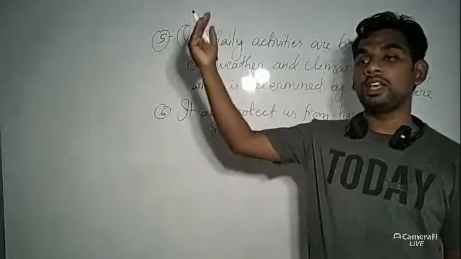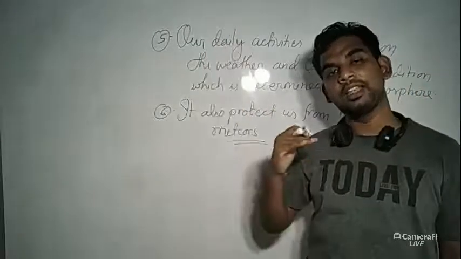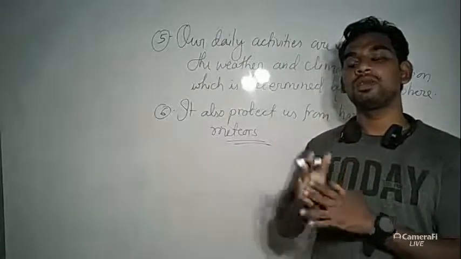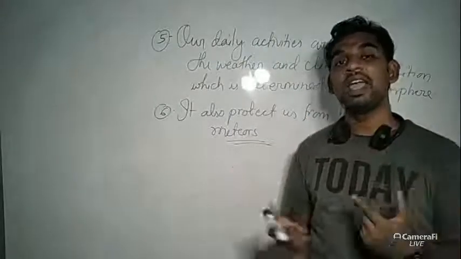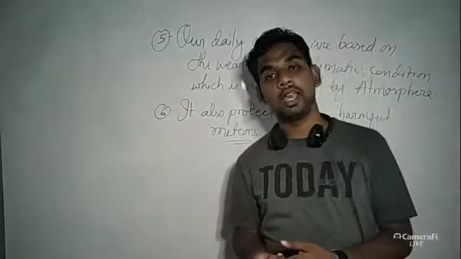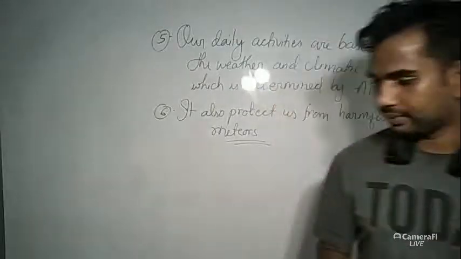While it gets into the atmosphere, what happens? Due to friction with the different gases it burns down, and it may not cause that much harm, or may not cause any harm at all. Understood?